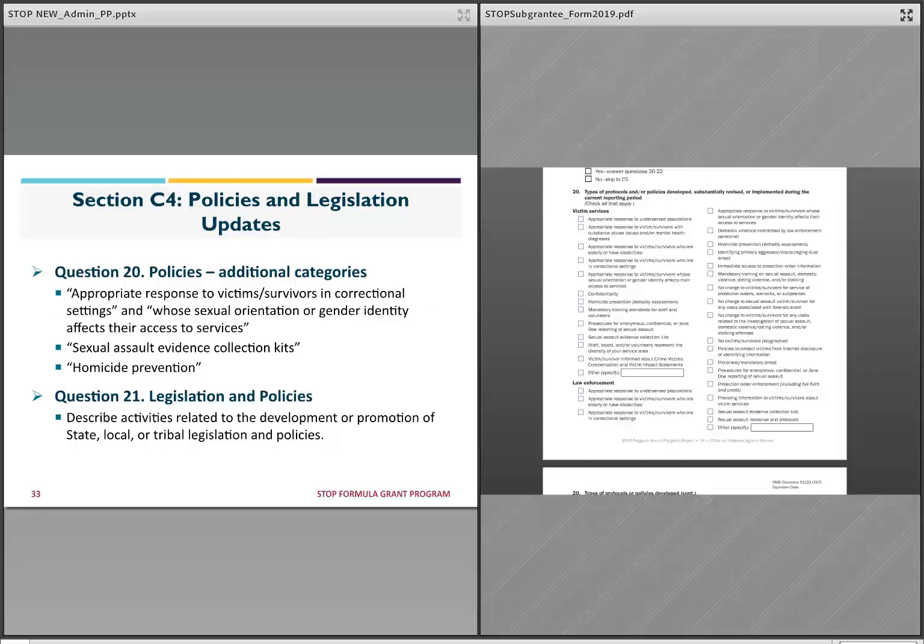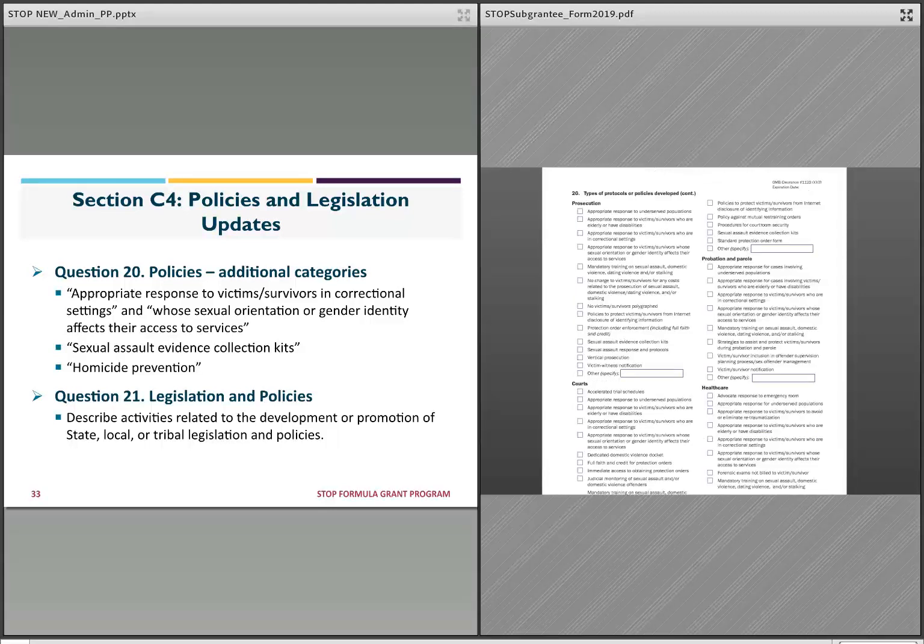In question 20, there have been some categories added in 2019 to reflect changes wrought by the VAWA 2013 reauthorization. Some of those new additional categories added to question 20 include appropriate response to victim survivors in correctional settings, sexual assault evidence collection kits, appropriate response to victim survivors whose sexual orientation or gender identity affects their access to services, and homicide prevention.